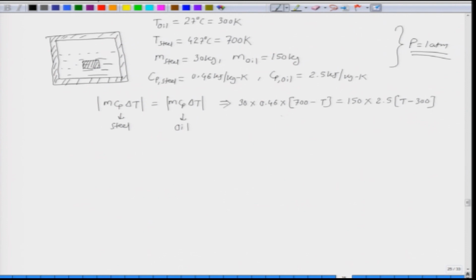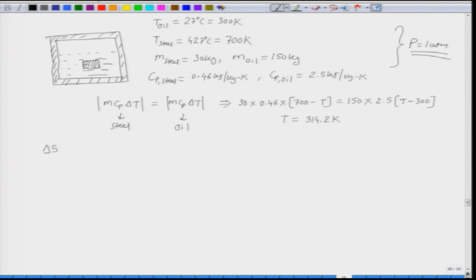So, if we solve for T, we get T is equal to 314.2 Kelvin. So, the final temperature of oil plus steel system will be 314.2 Kelvin. So, now let us evaluate the entropy change.